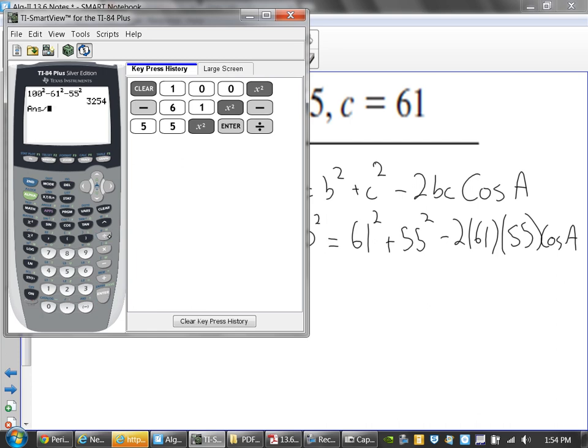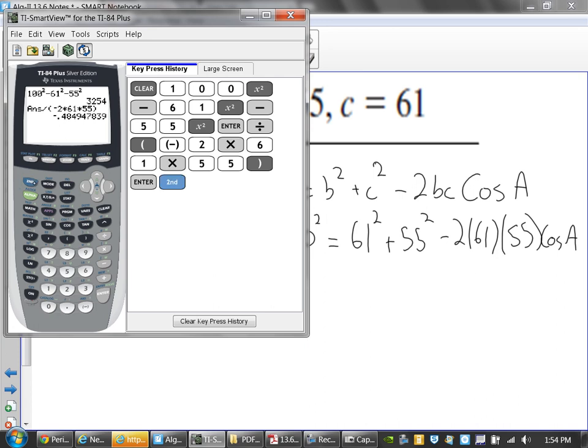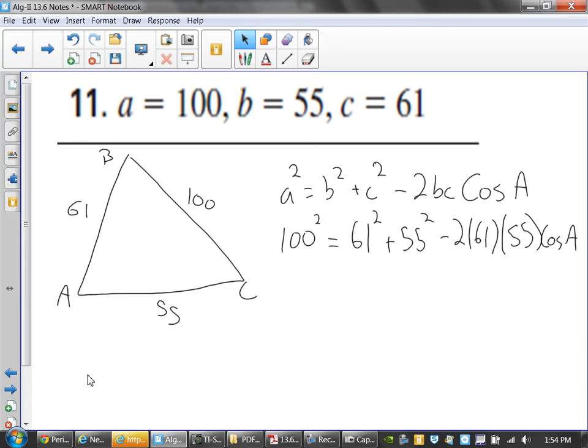Divide that by parentheses, negative 2 times 61 times 55. That's what my cosine equals. Second cosine of the answer, and there's your angle A. Did you guys get 119? I got 119.01.